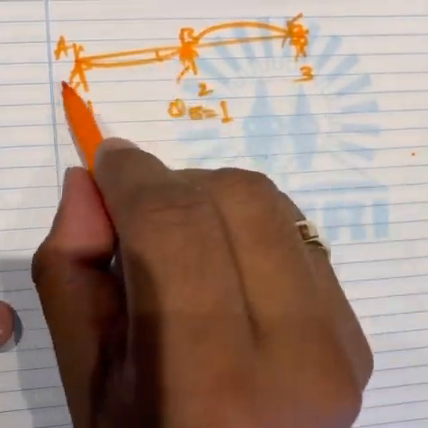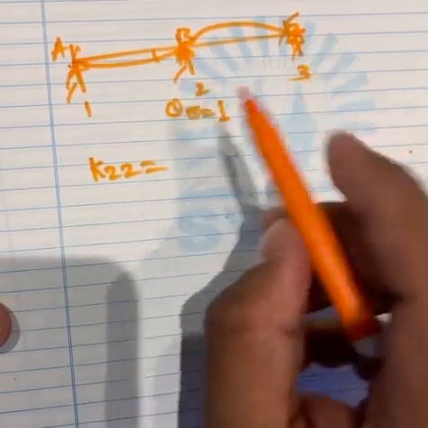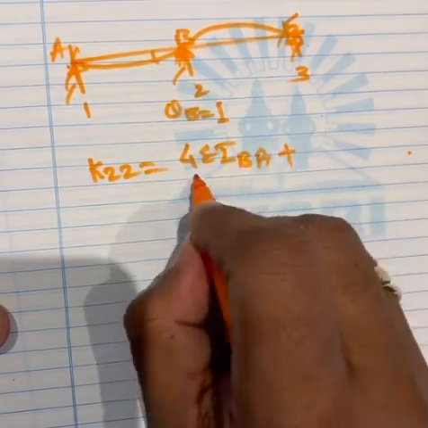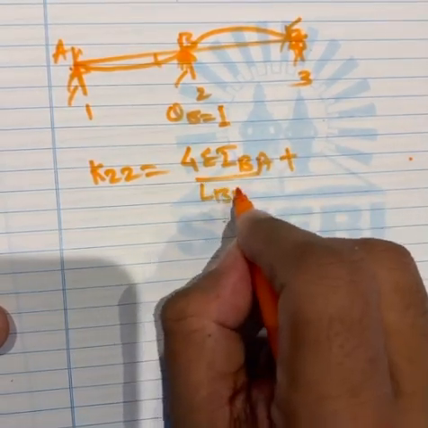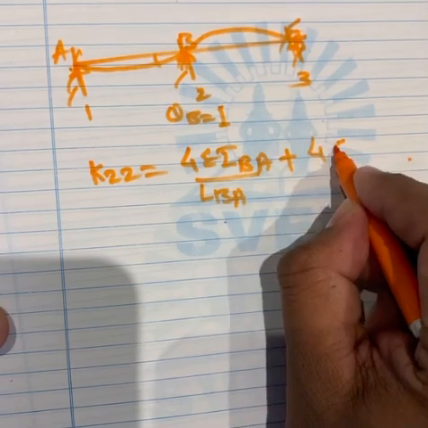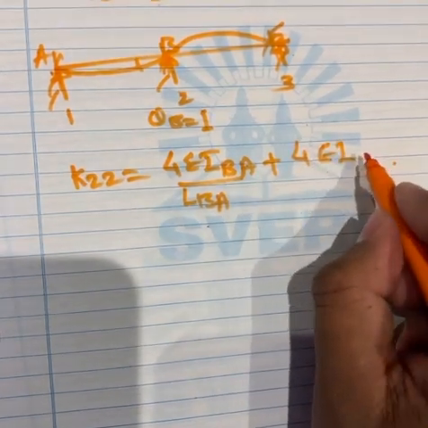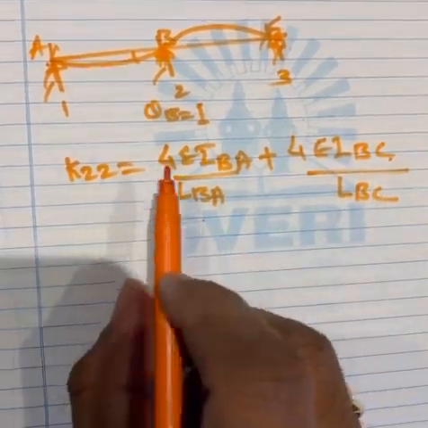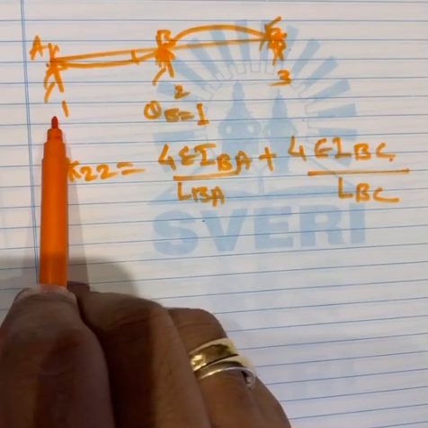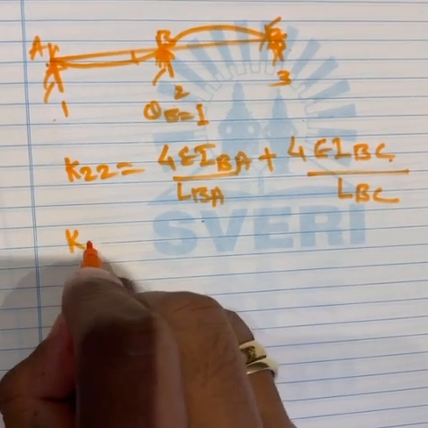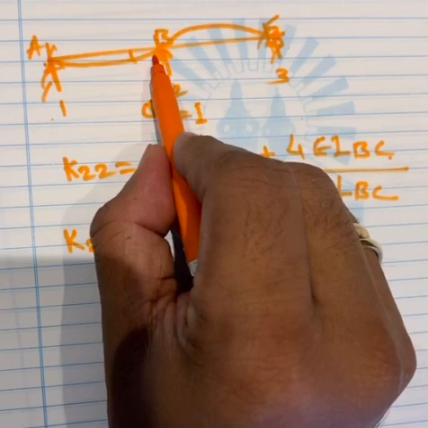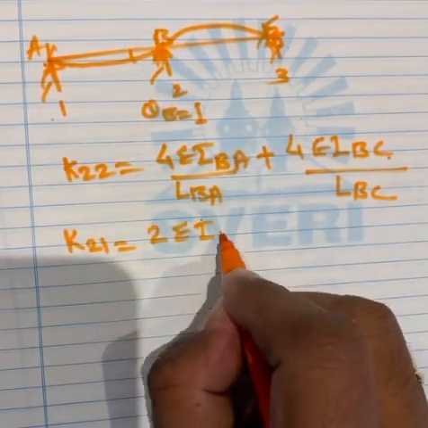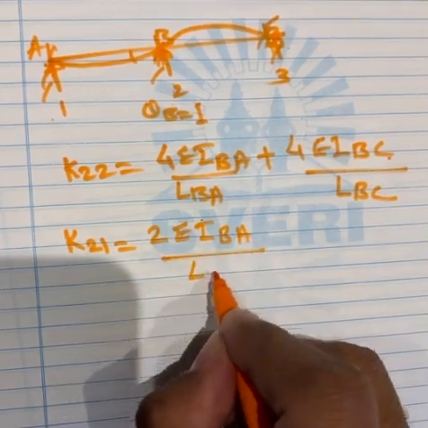K22 is nothing but the contribution coming from the BA beam and the BC beam, so it will become 4EI_BA by L_BA plus 4EI_BC divided by L_BC. And because of rotation at 2, what is happening at 1? It will become K21, which is 2EI_BA divided by L_BA.